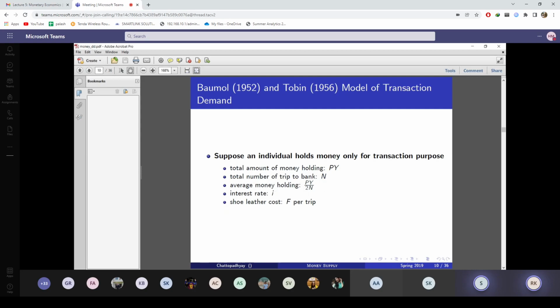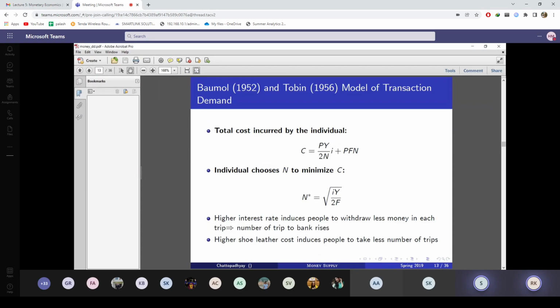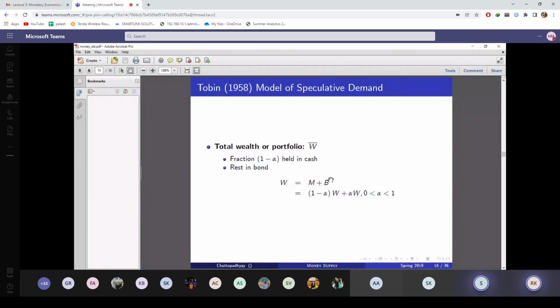We will do the Baumol-Tobin model, and after that we are going to do the speculative demand for money, which is money demand negatively related with the interest rate.